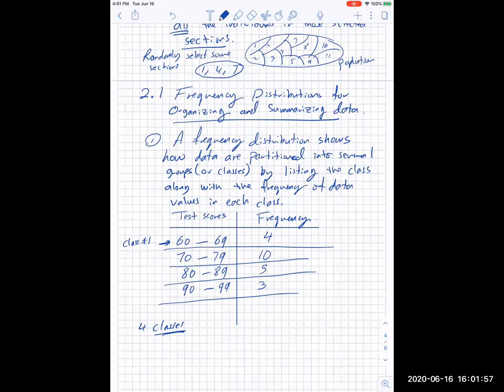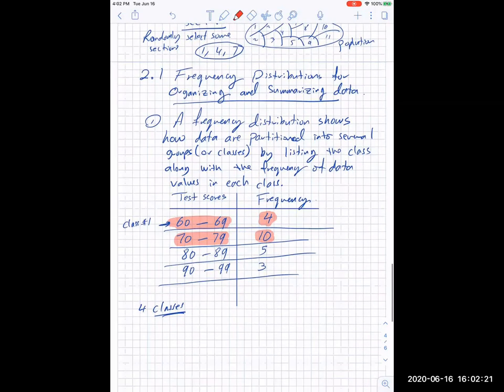So I have, for example, 4 values from 60 to 69. The second class is from 70 to 79. And we have 10 values within this range, and so on.